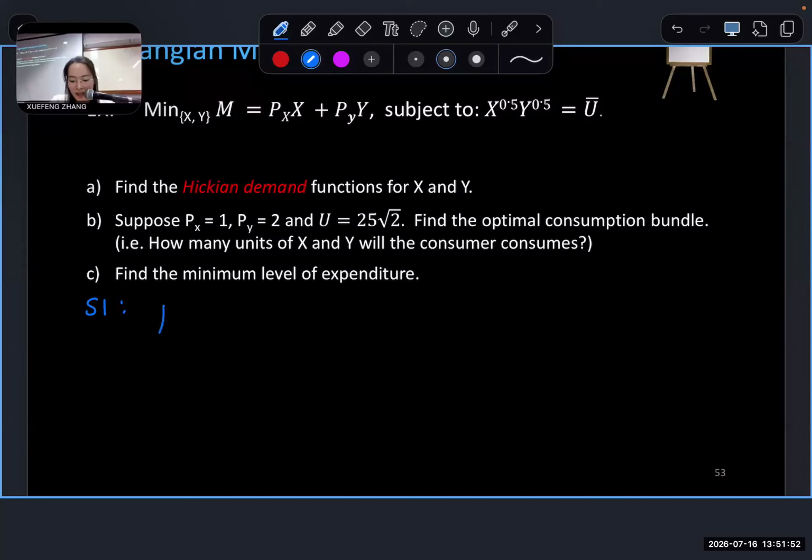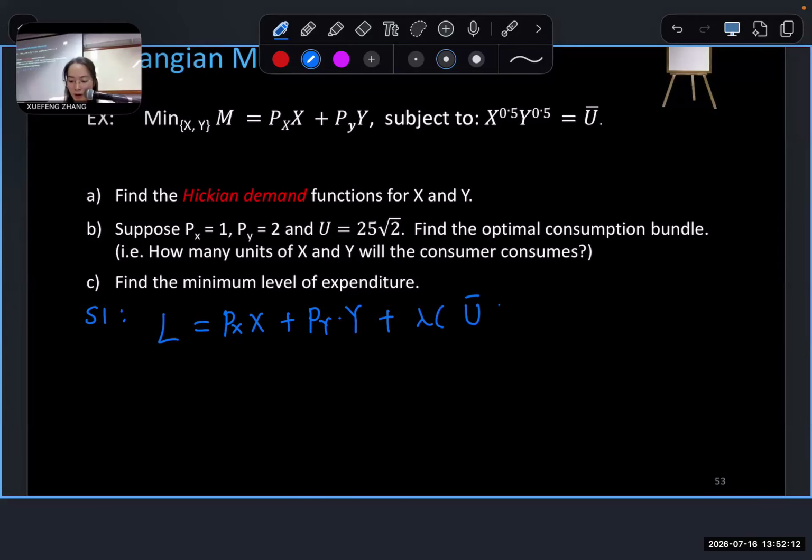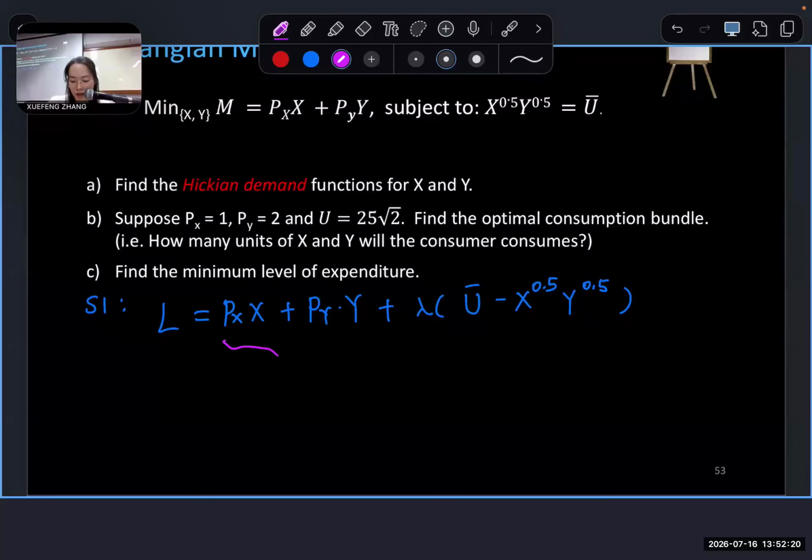In this case, remember the Lagrangian function, the objective function first, which is Px times X plus Py times Y, and you add the constraint later: lambda times, what is the constraint, our utility U bar minus X to the power half, Y to the power half. This one is our objective function first, and then this one is our constraint.